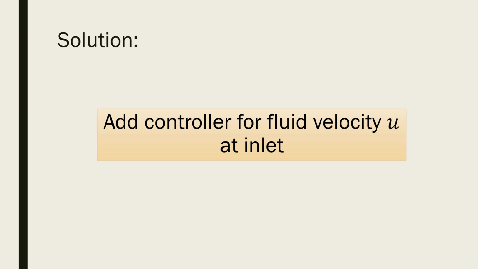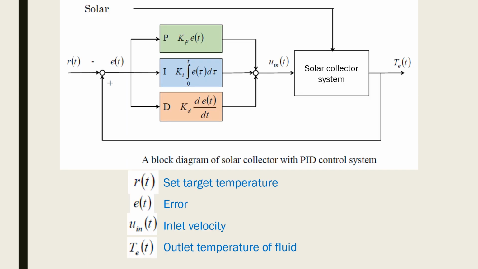So we have to add a controller. So what kind of controller? Yeah, the most common controller is the PID controller, right? Maybe you have heard of this controller before, but it looks like this.